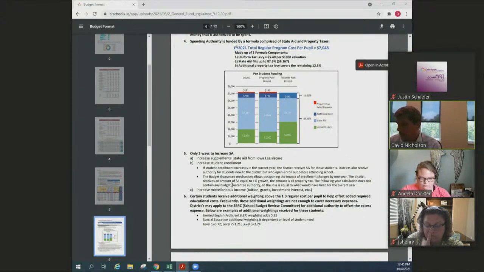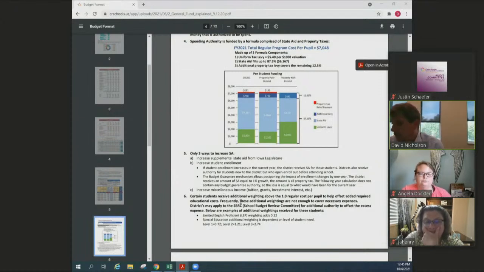I did talk a little bit about the budget guarantee. I can reiterate that again. Every school district can go on the budget guarantee to guarantee at least a 1% growth for property tax from the prior year. It has to be approved by a board resolution, but you can get a 1% growth if you're qualified.